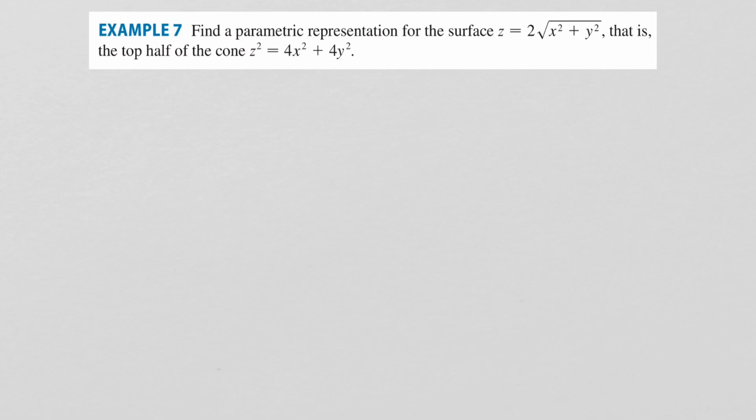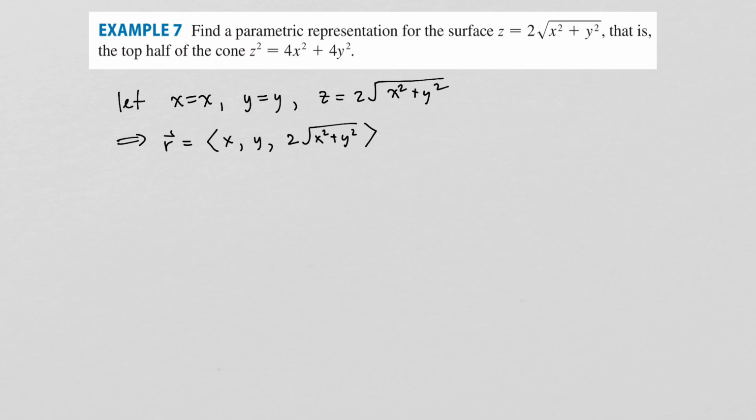Of course, one way to do this is I could simply let x be x, and I could let y be y, and then z would just be 2 times the square root of x squared plus y squared, which of course could also be represented as a vector function. So again, these are the parametric equations, and this is the vector function. But this is not the only way to do this problem.